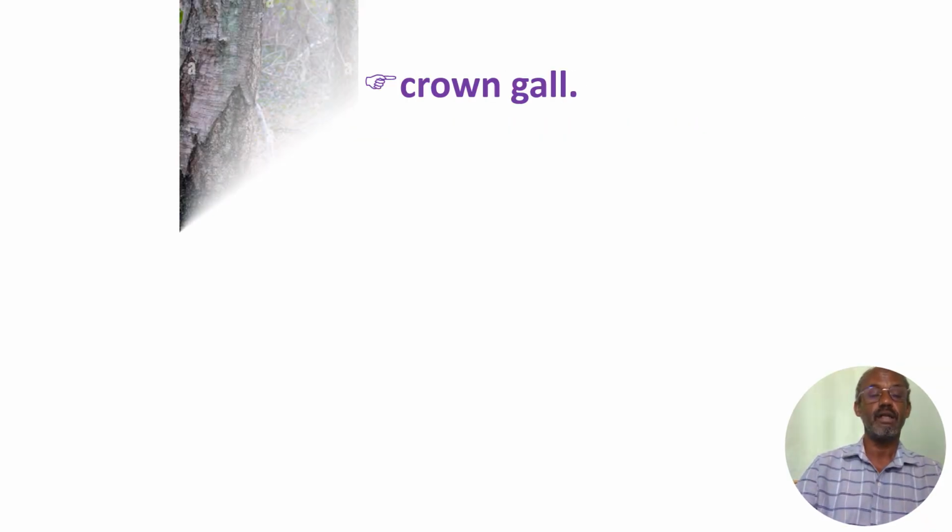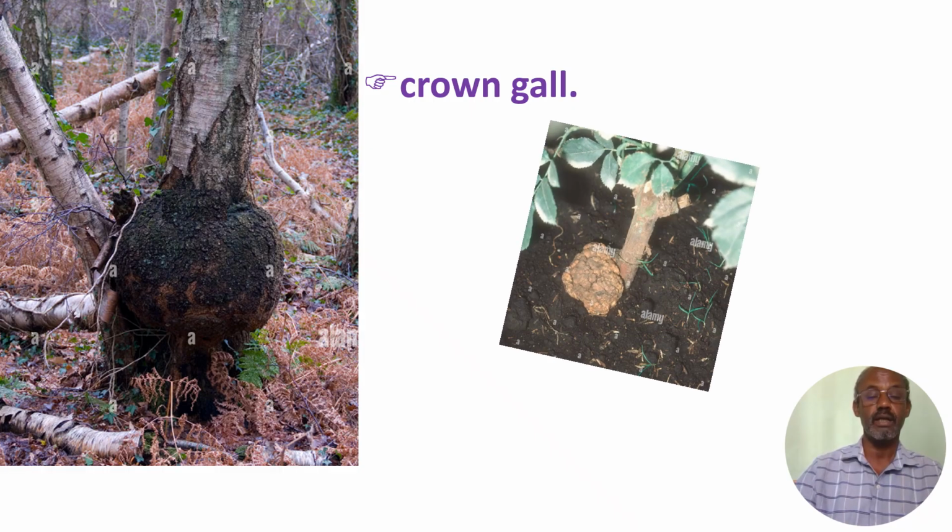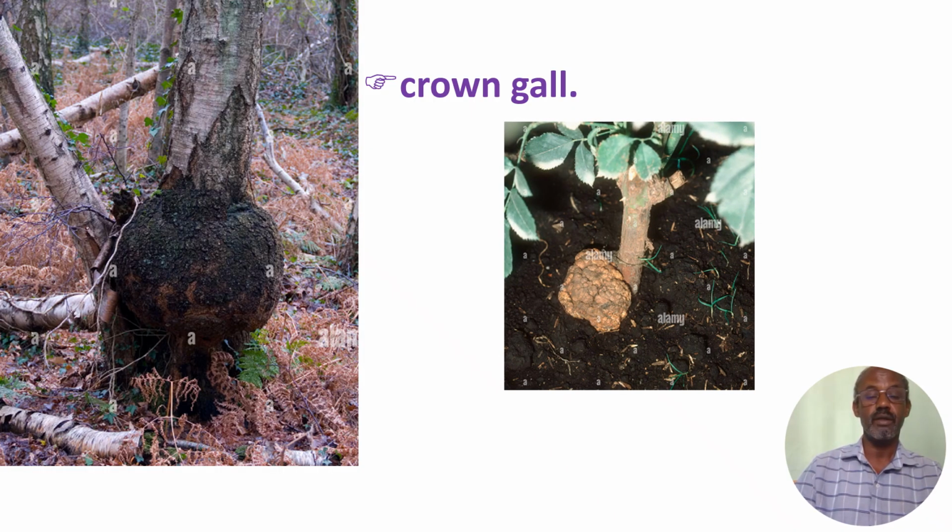I have this diagram. Crown gall resembles just like this. You see the dark area there, perfectly at the junction between the root system and the shoot system. If you like another diagram, you see this is the most common area of infection. The bacterium is a soil bacterium. It penetrates the plant.